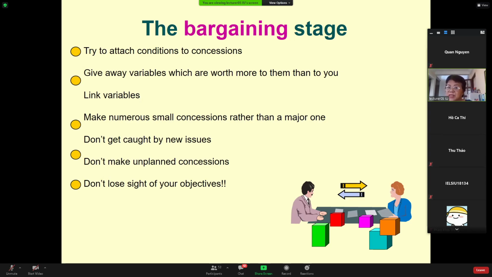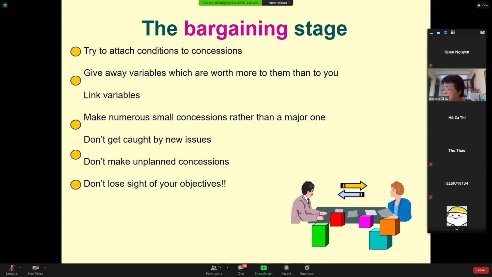And don't get caught by new issues. Try to focus on the issue that you identified and are working on. Don't get caught by small incoming new issues, and don't make unplanned concessions. Don't lose sight of your objective.